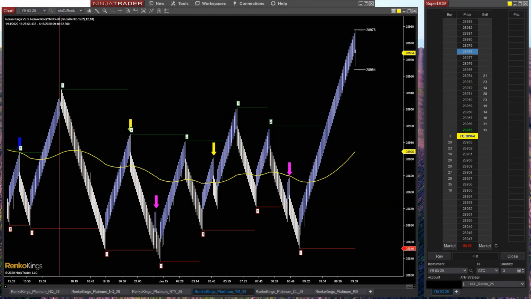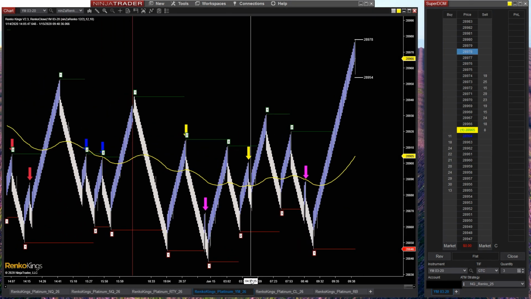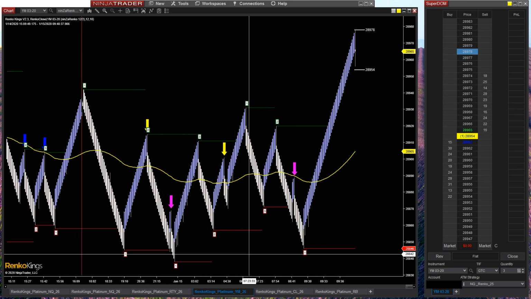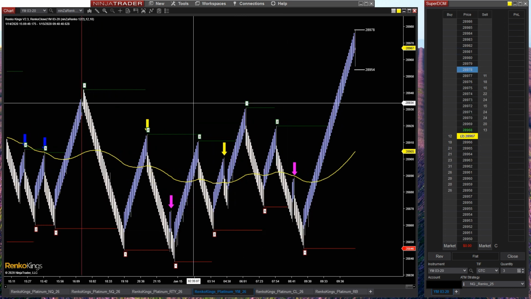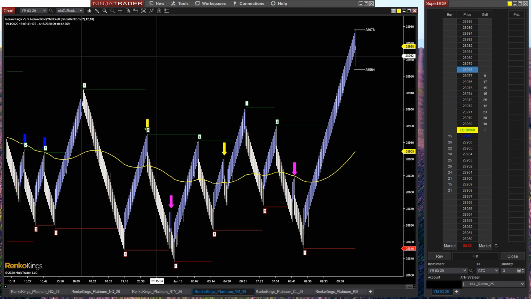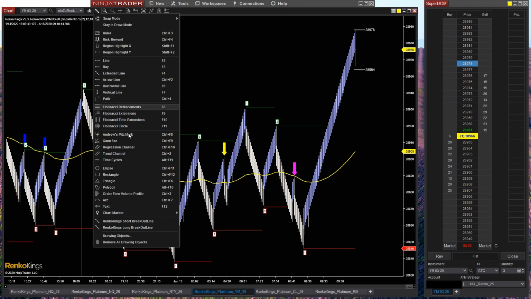Okay, good morning, guys. Looking at the YM today and basically have a breakout taking place. And I'm going to go ahead and draw my breakout lines.